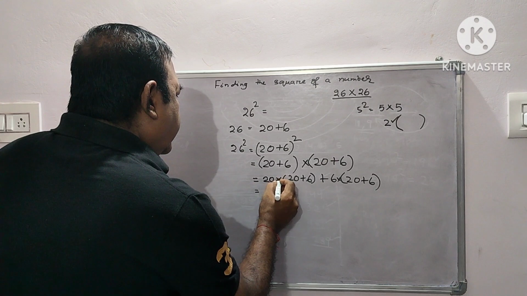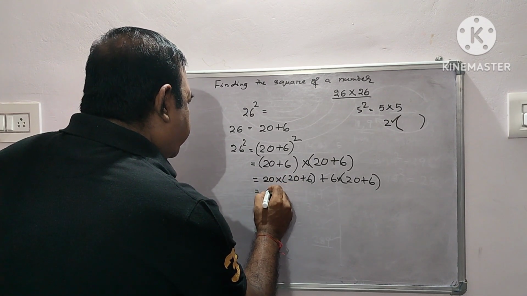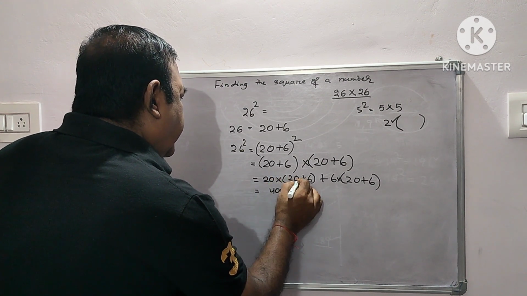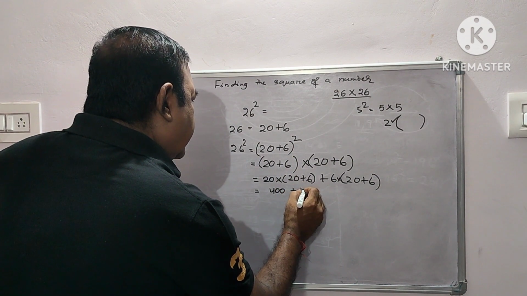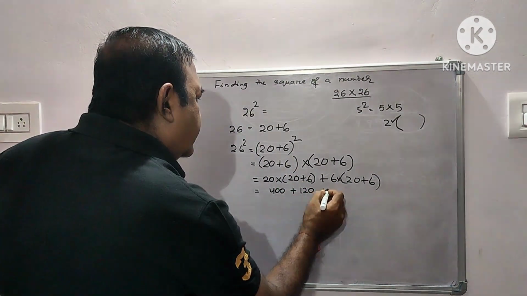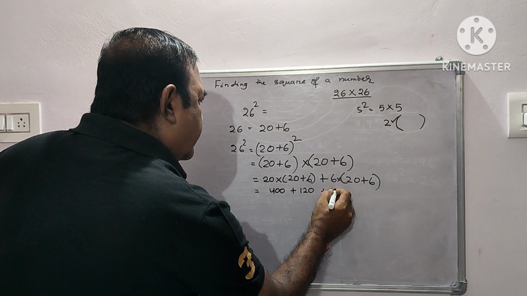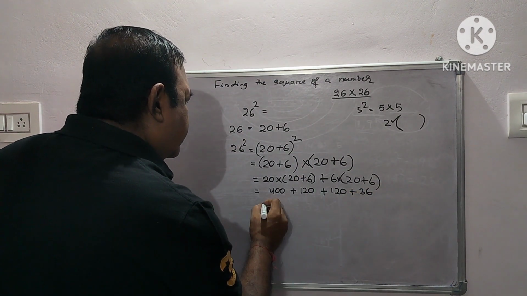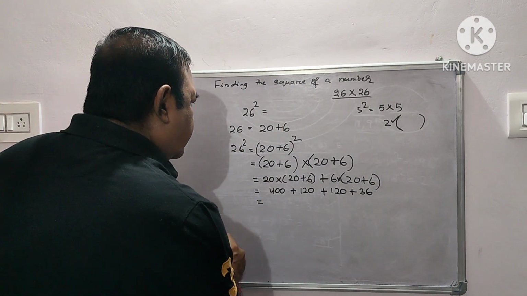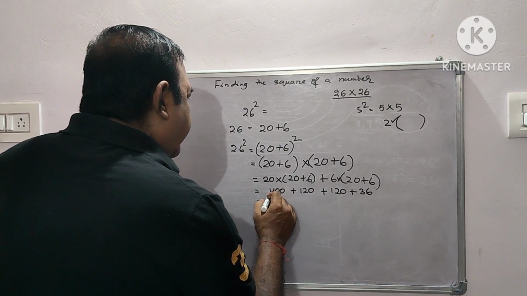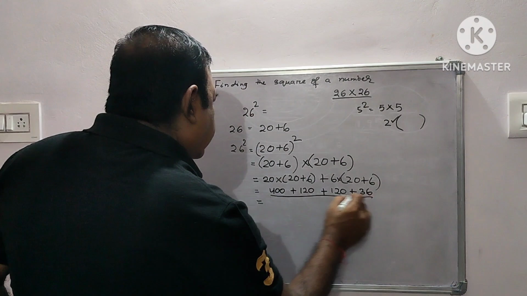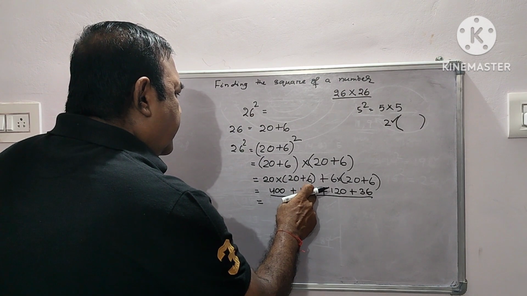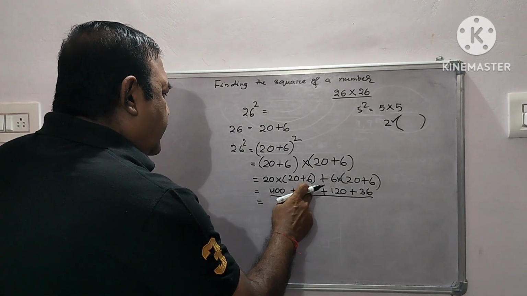So that is equal to 20 into 20, that is 20 square, that is 400, plus 20 into 6, that is 120, plus 6 into 20, that is 120, plus 6 into 6, that is 36. So that is equal to, if you go on adding, 400 plus 120 plus 120, that is 240.